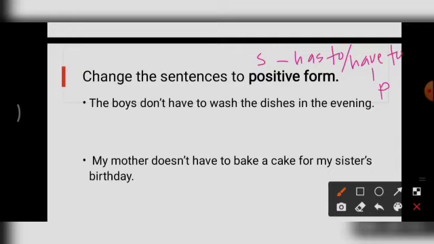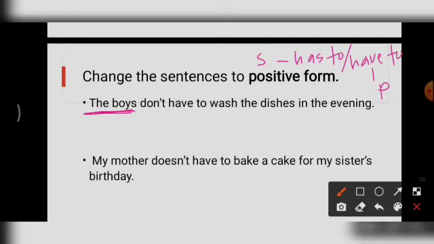Now let us read the first sentence. The boys don't have to wash the dishes in the evening. The first thing that we must do is identify the subject. Which one is the subject? This one is the subject, the boys.